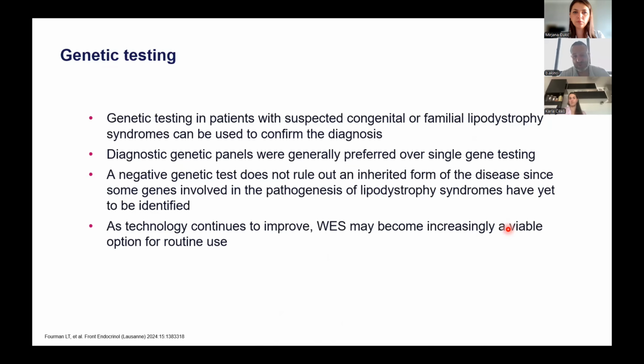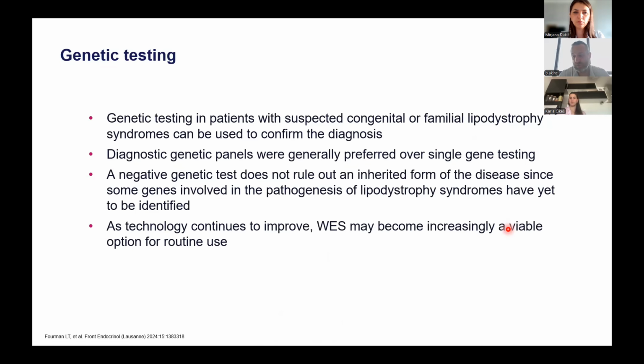For congenital generalized lipodystrophy, almost 90% of them have one of the known genetic variants. So this will leave another 10% where you may not find anything. And for familial partial lipodystrophy, this is actually worse. Around 60% of them have a genetic diagnosis, and for the other 30–40%, you may still not find anything.